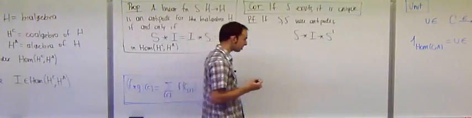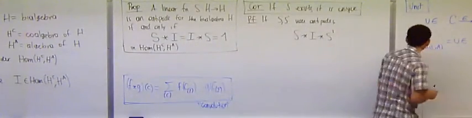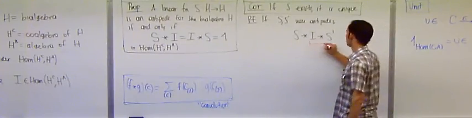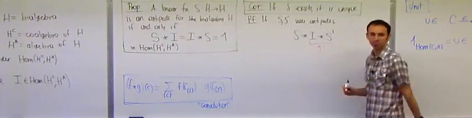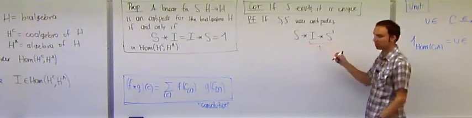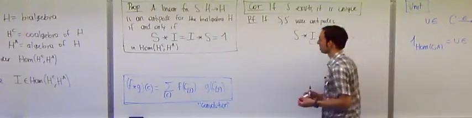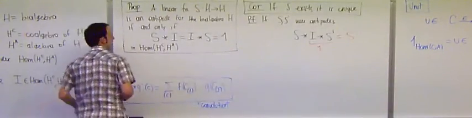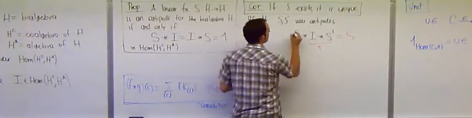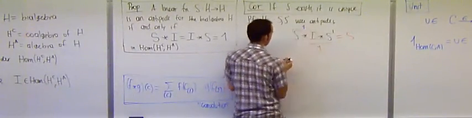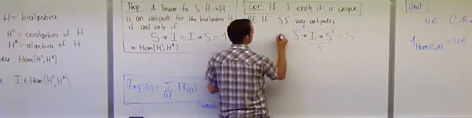Okay. This is 1 because S prime is an antipode. So this is equal to S. And this is 1 because S is an antipode, and this is equal to S prime.